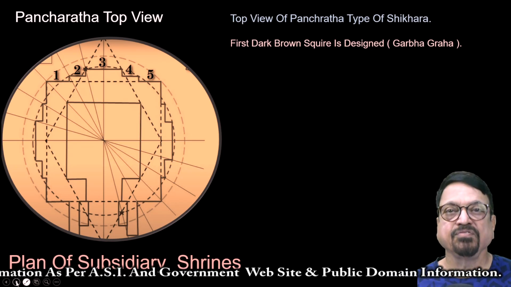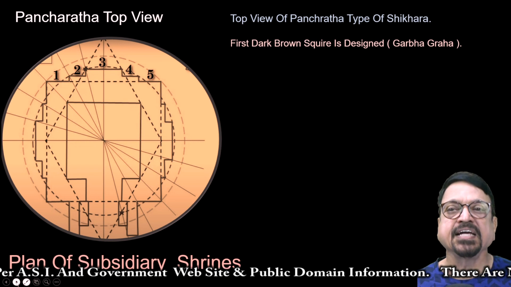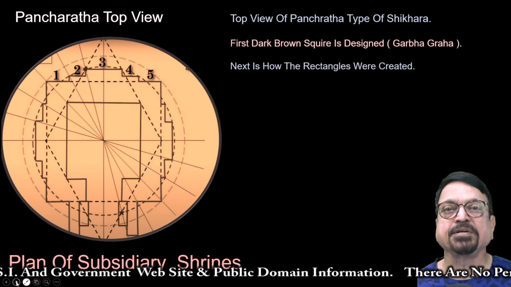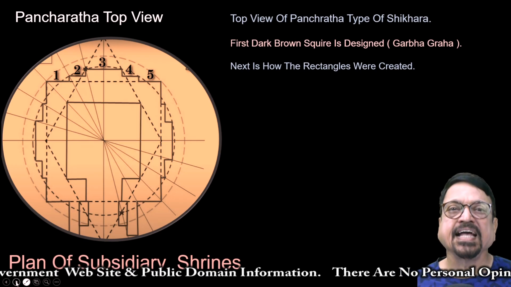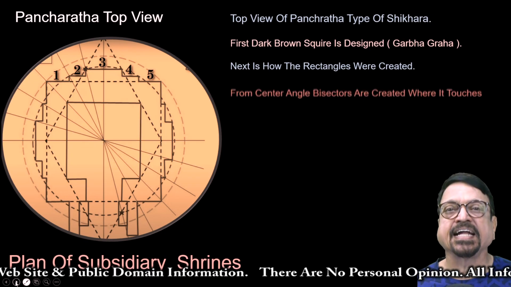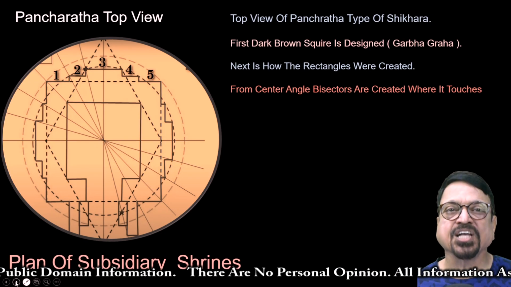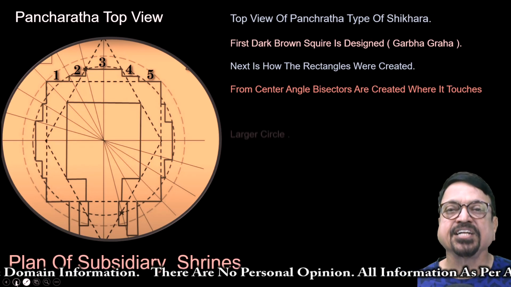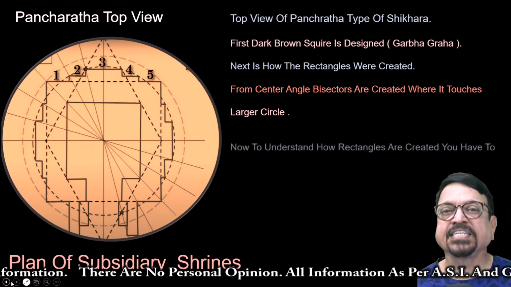Now, the first dark brown square is the design of the Garbhagriha, as you know from the shape itself. Next, how is a rectangle created from this square that I have shown you? From the center angle, bisectors are created where they touch the lighter circles, and that's how it is created.